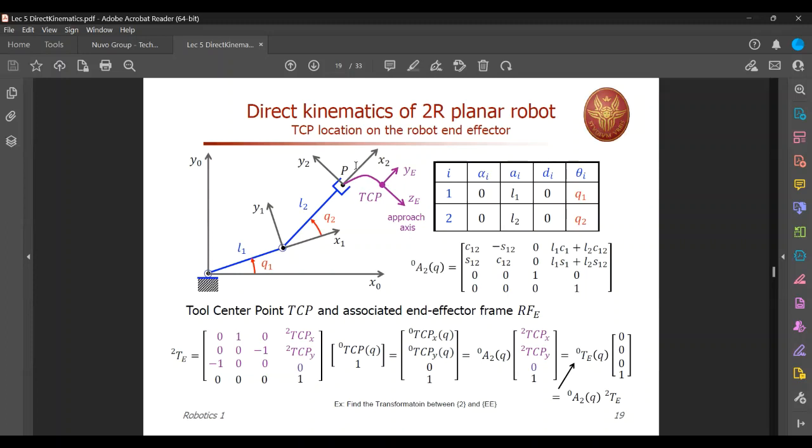Can somebody tell me what is the relationship between these two coordinate frames, coordinate frame 2 and coordinate frame E? E means the end effector, right? Just by looking at this one, can you figure out the transformation between these two coordinate frames? Can somebody tell me, please?